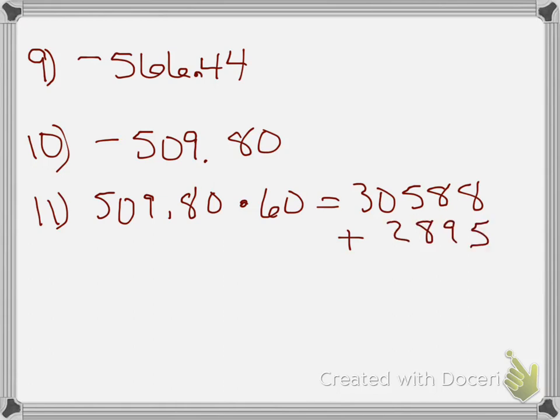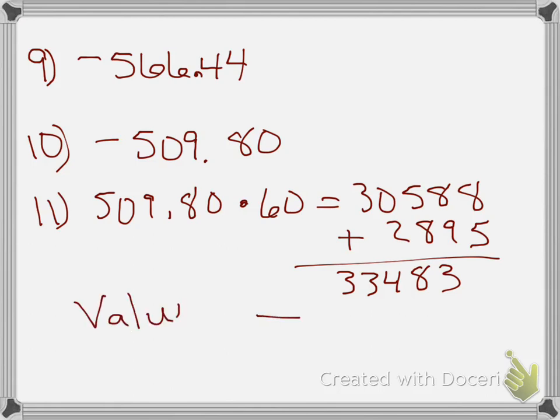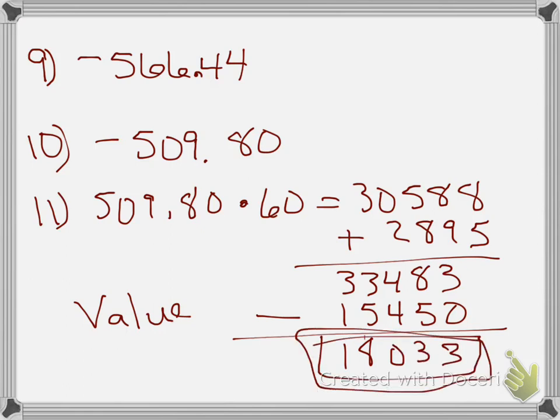There's your down payment. And that will give you the amount of money spent purchasing the car. So that's how much money you spent personally to get the car. But the way they figure out the cost of the loan is you take the amount of money spent minus the value of the car, which in this case was $15,450, and that will be the cost of the loan of $18,033.